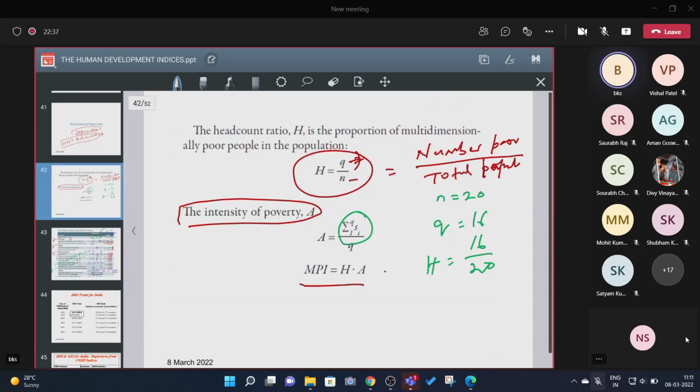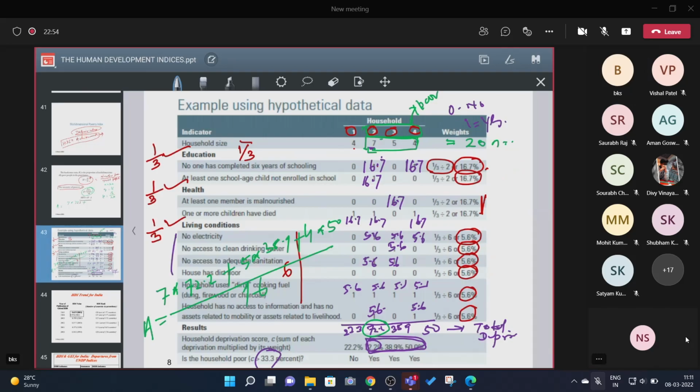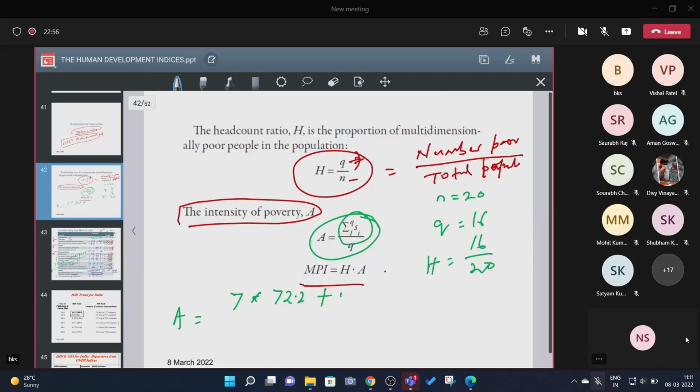So this gives you the A. So we can calculate the A. This A will be equal to 7 times your 72.2 plus 5 times 38.9 plus 4 times 50 divided by Q is 60.